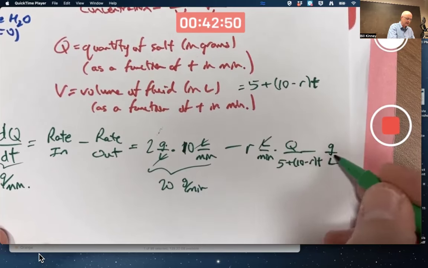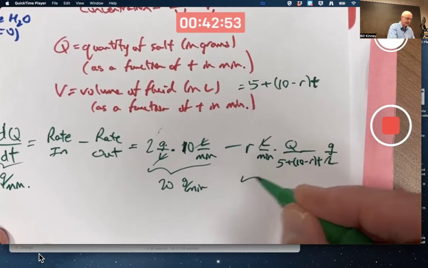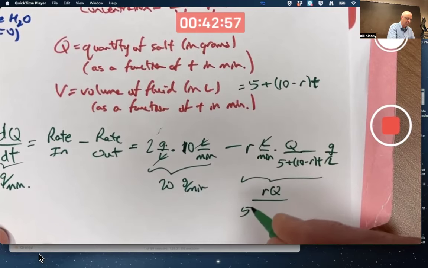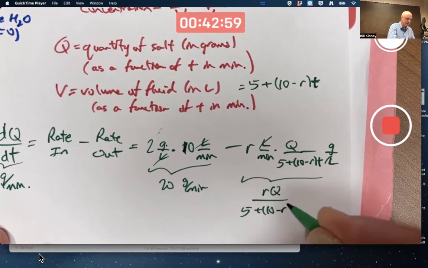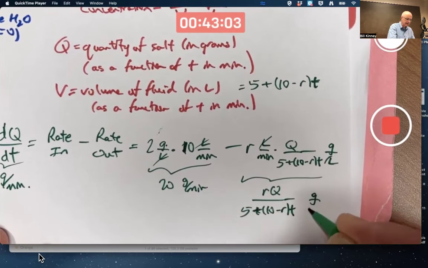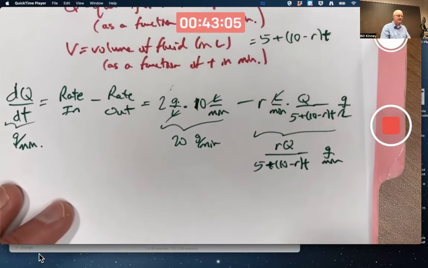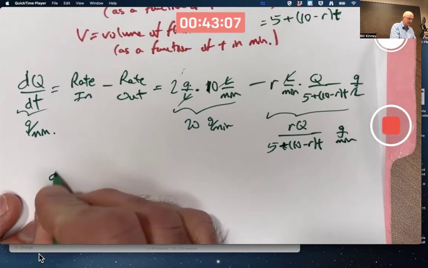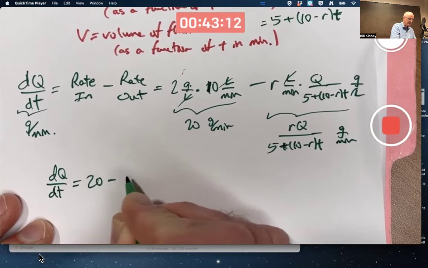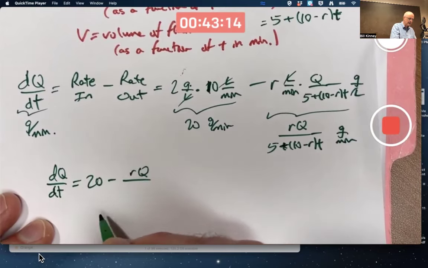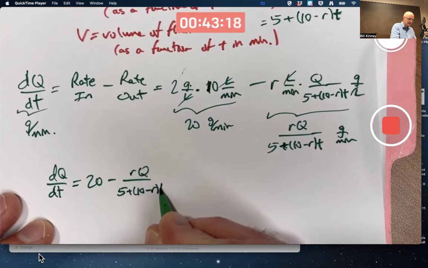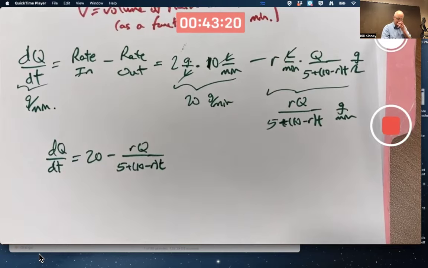The liters still cancel, and you are still left with something in grams per minute. It would be RQ over 5 plus 10 minus R times T. That's in grams per minute. So simplified, the differential equation written without units, dQ/dt, is 20 minus RQ over 5 plus 10 minus R times T. That's the differential equation.